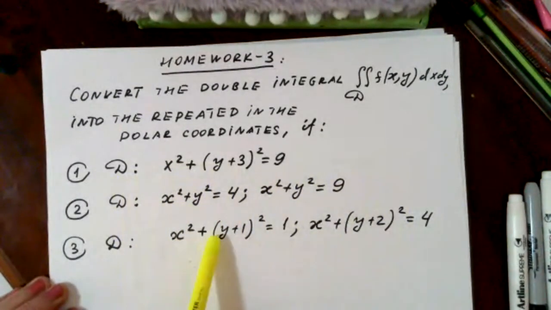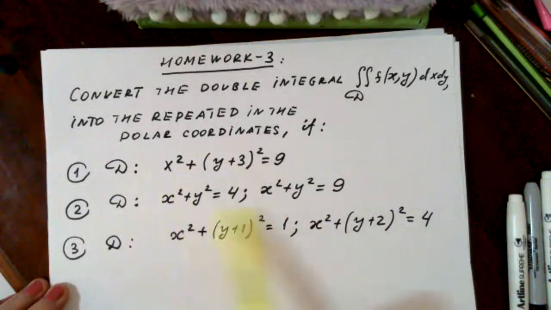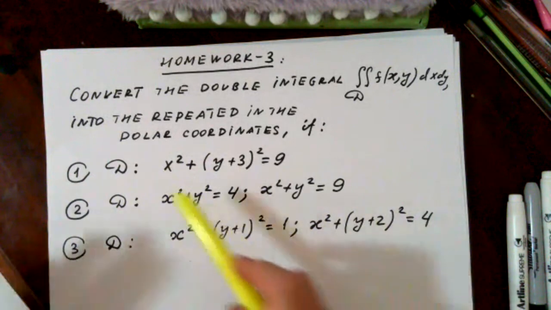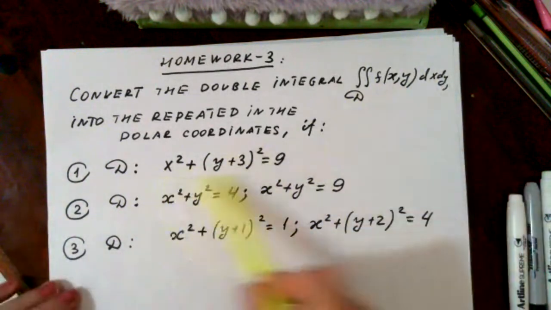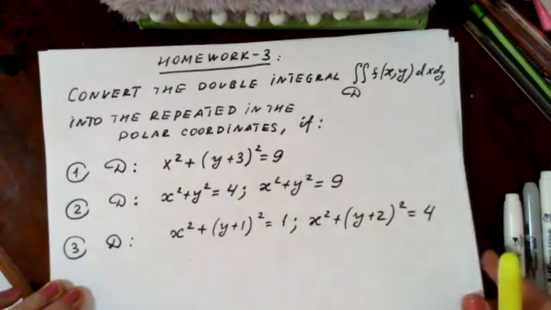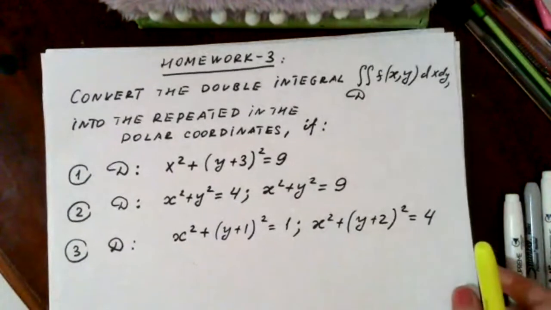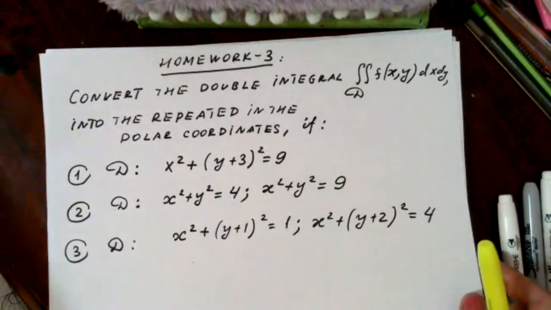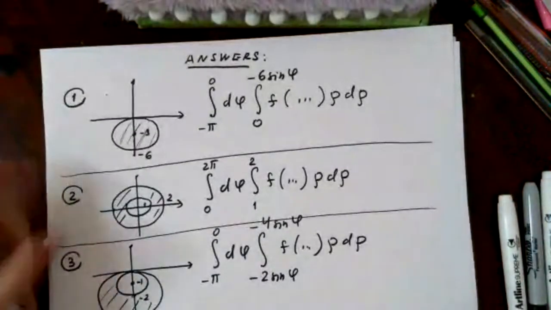I'm giving you 3 examples, and your assignment is to make this transition into polar coordinate system. So you need to transform a double integral into a repeated integral written in polar coordinate system. Okay, so pause the video, try to solve these problems, and here are the answers for you.